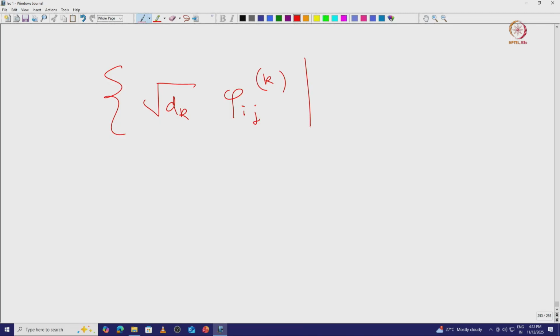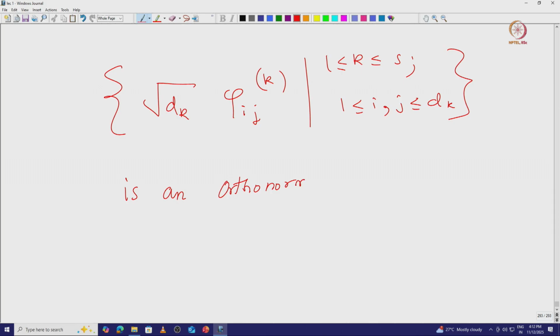Note that k varies from 1 to s, and depending upon k, i and j vary from 1 to d_k. These d_1² plus etc. plus d_s² elements form an orthonormal subset of C[G].